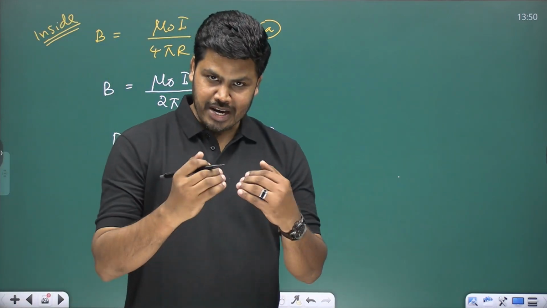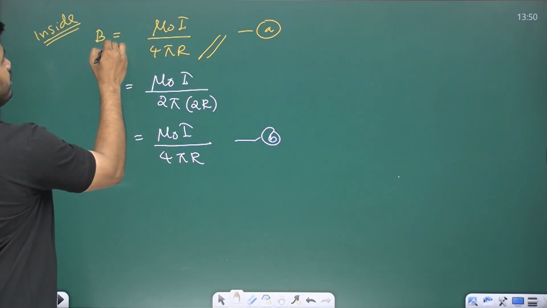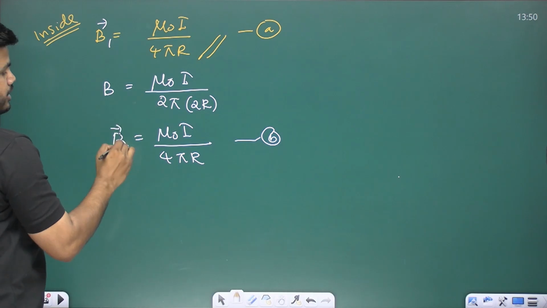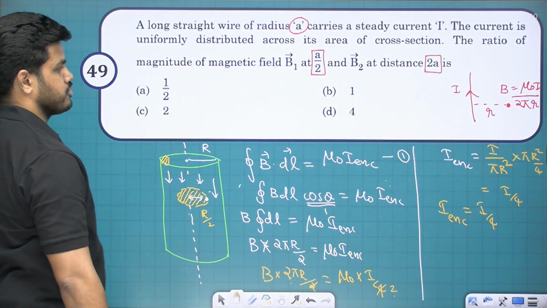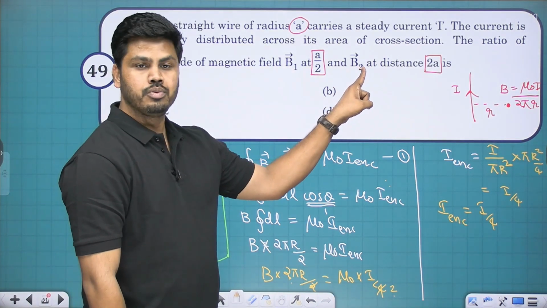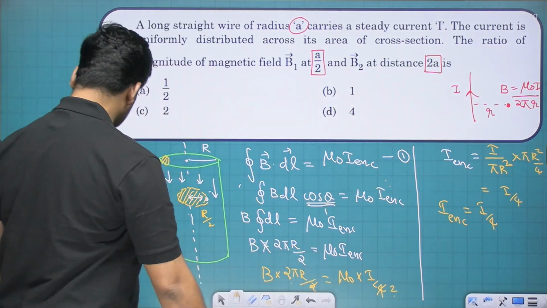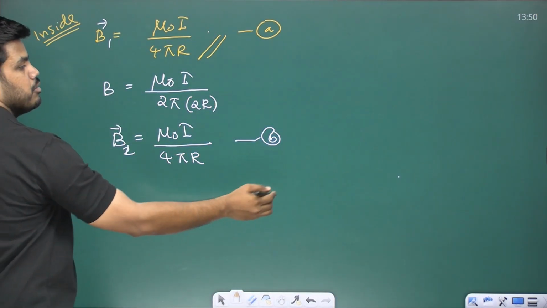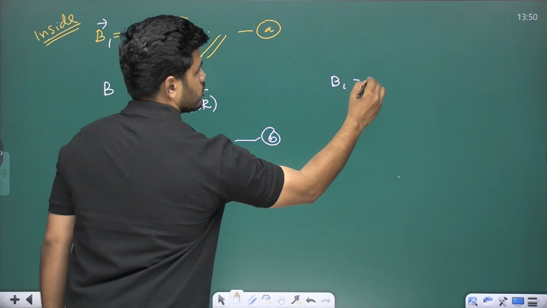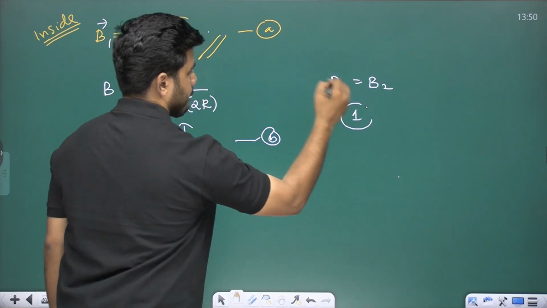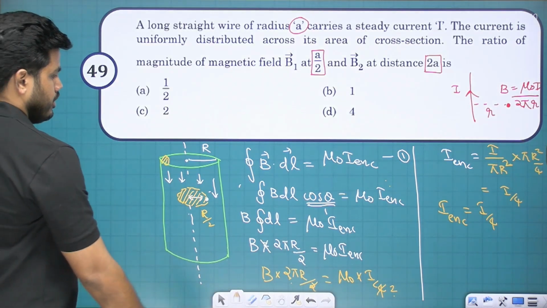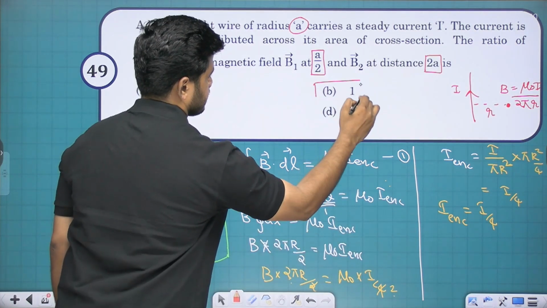Your question was to find the ratio of B1 and B2. See, that was the question. What is the ratio of B1 and B2? We got B1 is equal to B2, right? Look at equations A and B. B1 is equal to B2. So what could be the ratio? And we have an option given, option B. Yes.